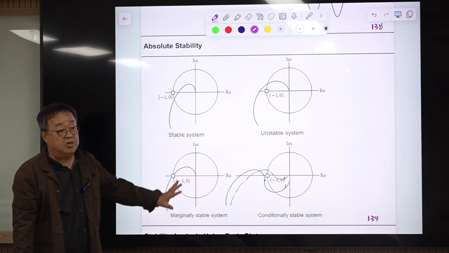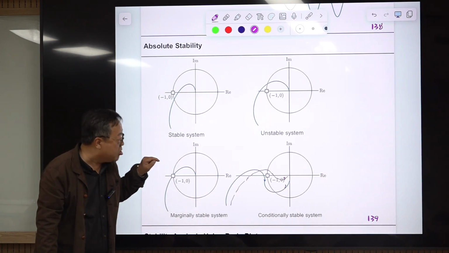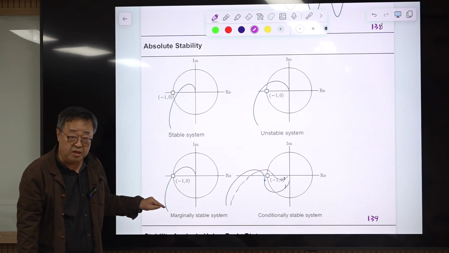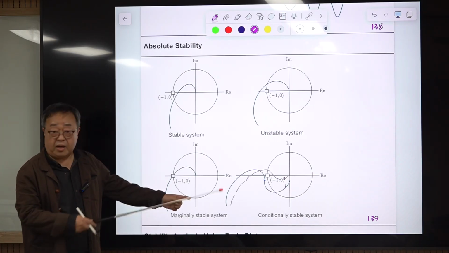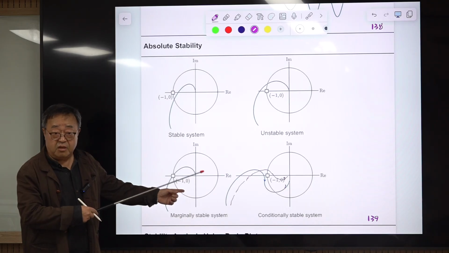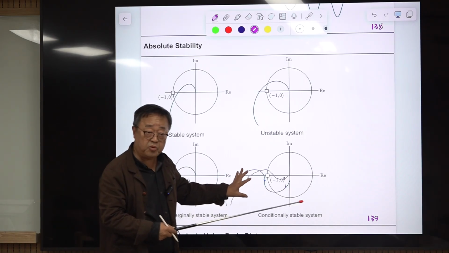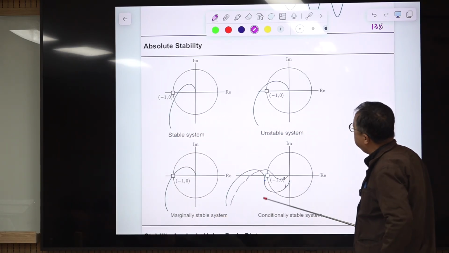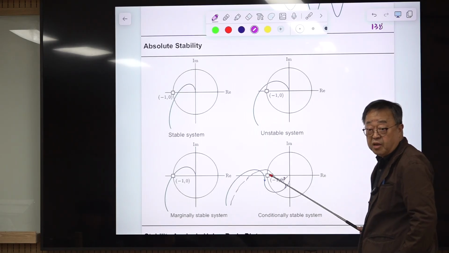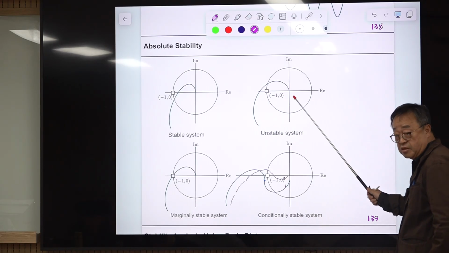So it is stable at the given condition, but it can become unstable very easily. We'll come back to this point on Thursday, and I have a very important story about this. The conclusion is that this one is worse than this one. This is the worst case.